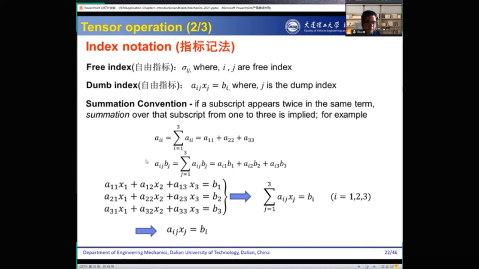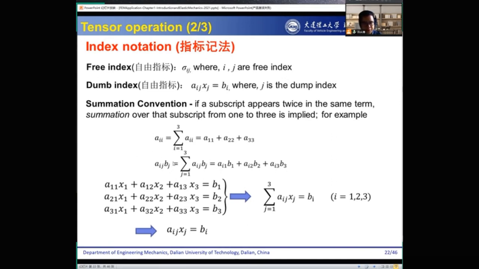So people, when they write, just write a_ii and a_ij b_j. We can also write out all those terms, but it takes more time and looks more complex.